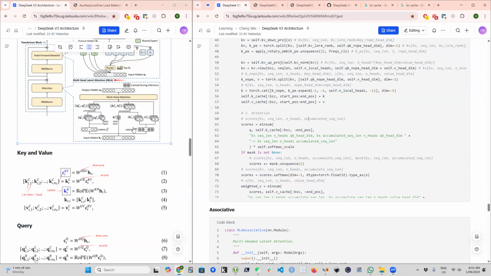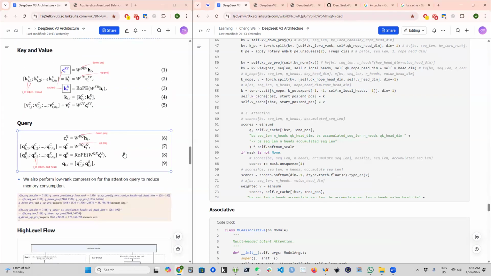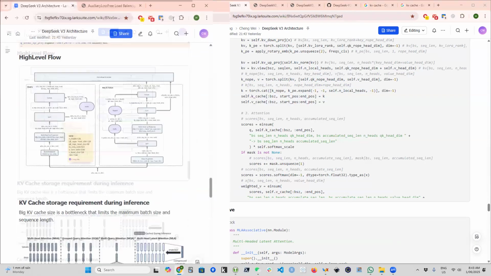Here, the center one, apply rope, and the one on the right. Are the dimensions the same? The dimension is not the same. They are concatenated. You see the high flow here.